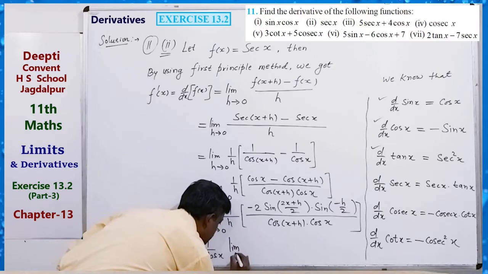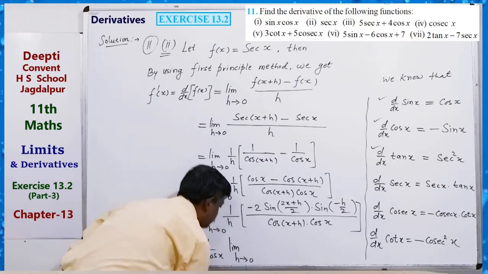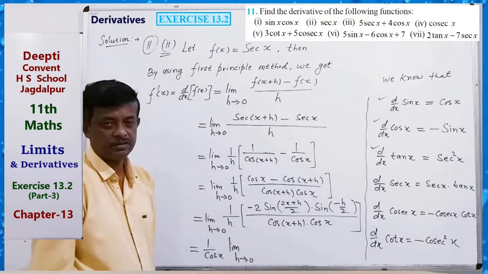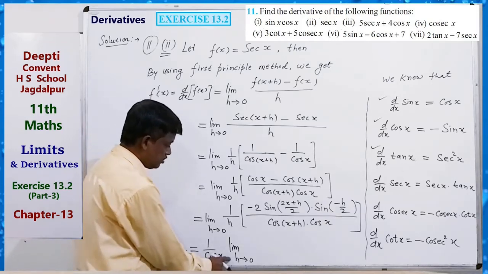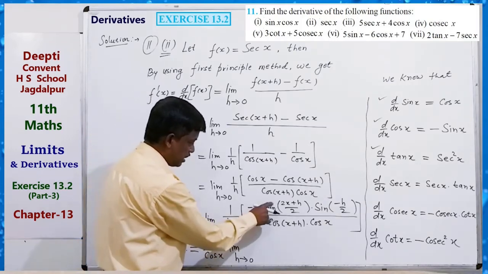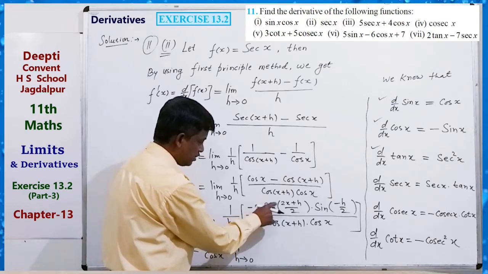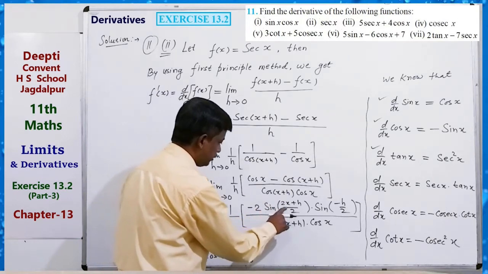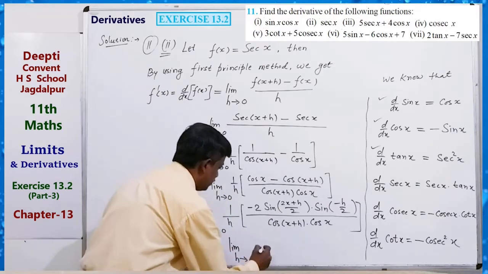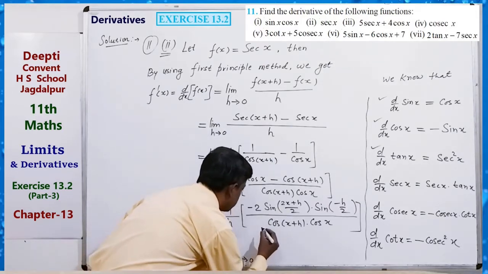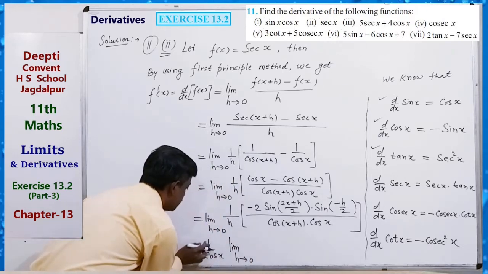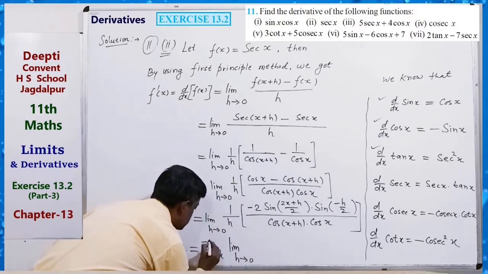Now limit h tending to 0, distribute limit as limit h tending to 0 with sin, the minus 2 also can be taken outside, minus 2.